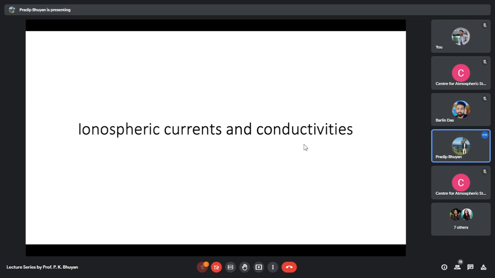So the ionosphere should have conductivities, and as we shall see, the ionosphere does have conductivities of its own, as a result of which the currents flow.